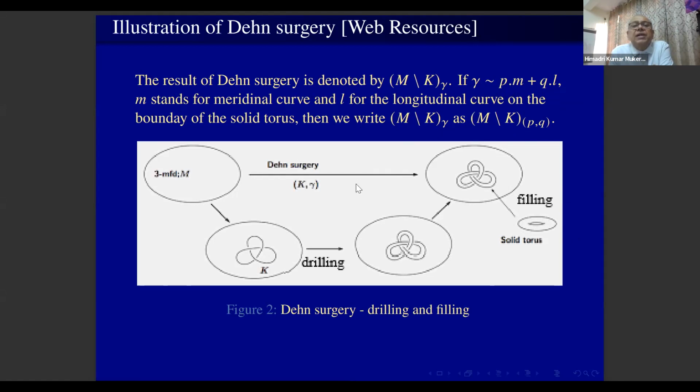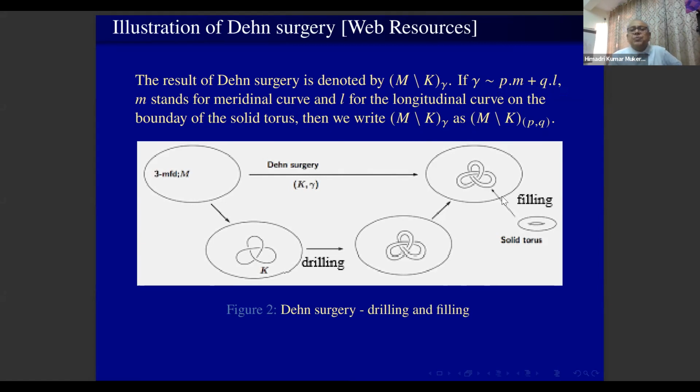If you take m and l to be meridian and longitudinal curves, then any curve on the surface of the torus can always be written as homologous to Pm plus Ql for some P, Q, lying on the boundary of the torus. Then this notation can also be written as M minus K of (P, Q). Okay, so this notation is used in Dehn surgery.